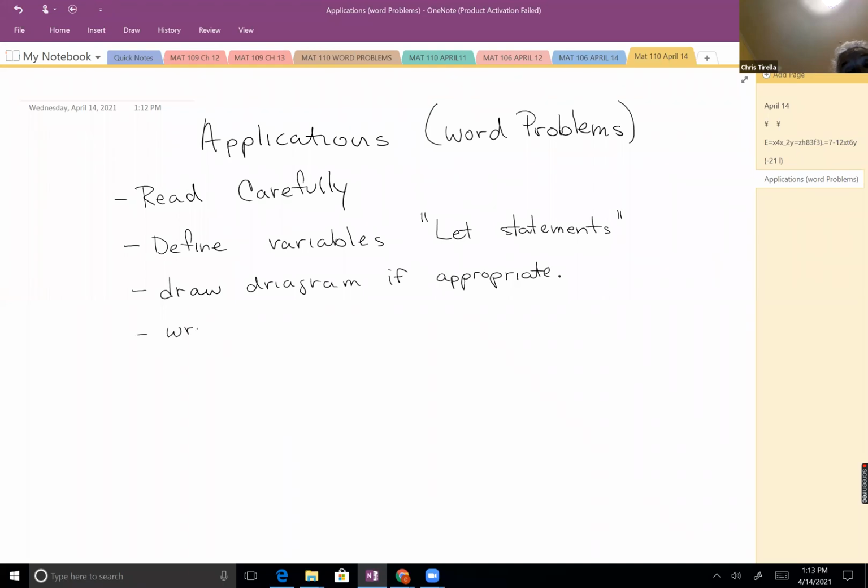Then you're going to write equations to fit the situation. We'll solve. But then with these, you always want to check in the original situation.